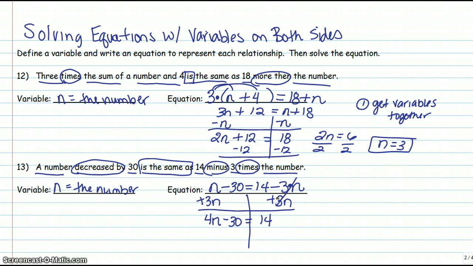These 3n's are going to cancel there. And then we use our inverse operations. We're going to add 30 to both sides. So that 4n is equal to 44. And then if you divide by 4 on both sides, n will equal 11.